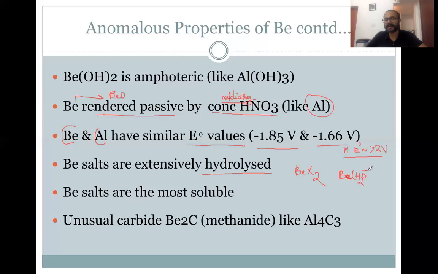That is, beryllium is usually present in its hydrated form. That means you will find a hydrated complex of beryllium 2 plus, reacting with X minus to form the corresponding halides. Usually all the salts will have this complex ion present.